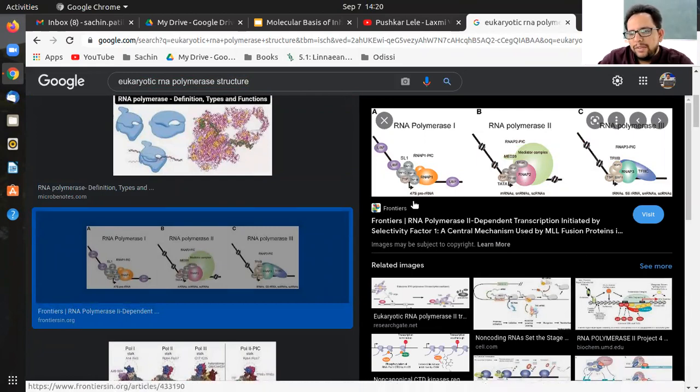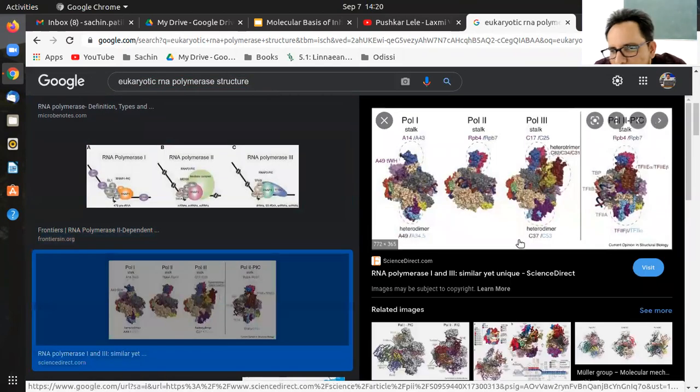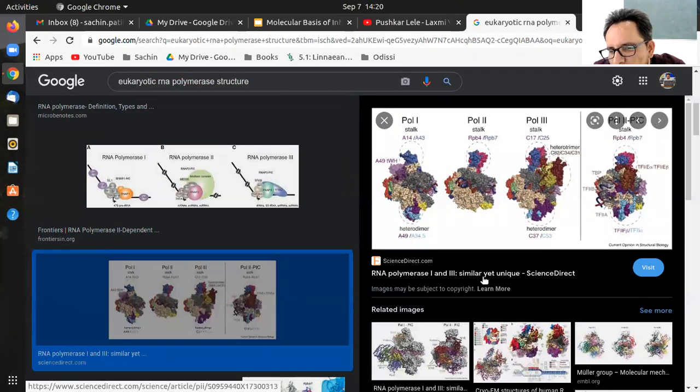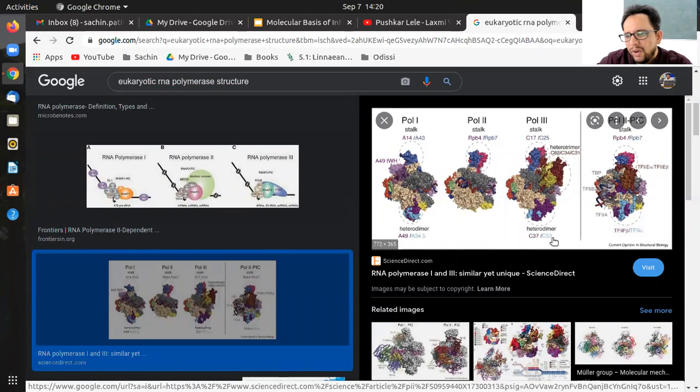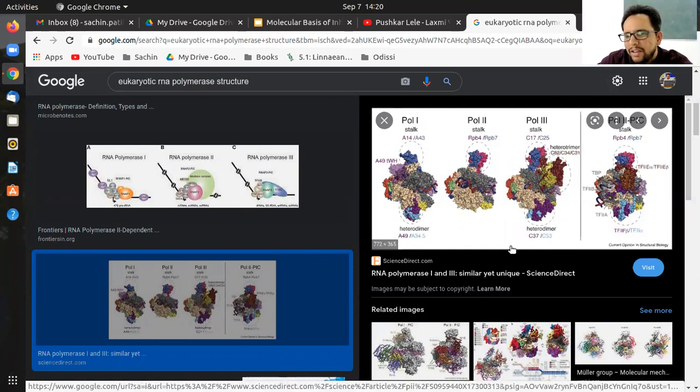So in a way, now the structure is this RNA polymerase 1 and 3 it is showing. Now assume that these are RNA polymerase 1, 2, 3. It says so in the diagram, but I'm not too sure of this until and unless we read the whole paper, cannot be sure. But you can see certain differences, right?